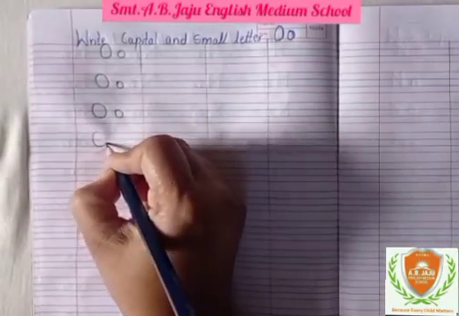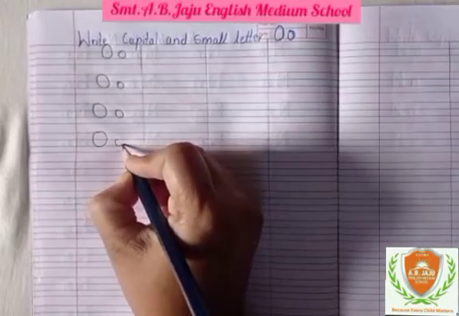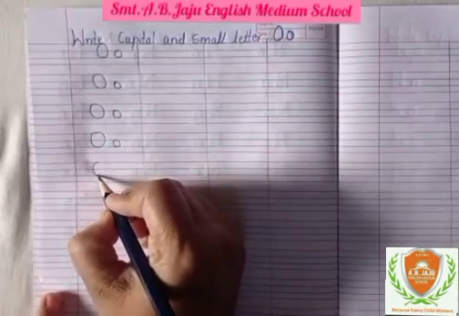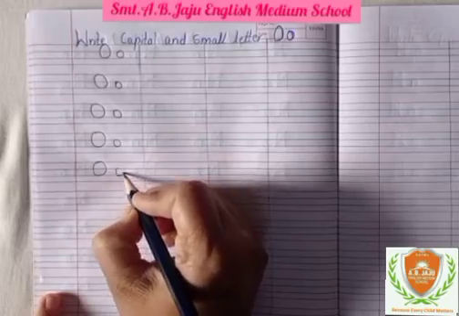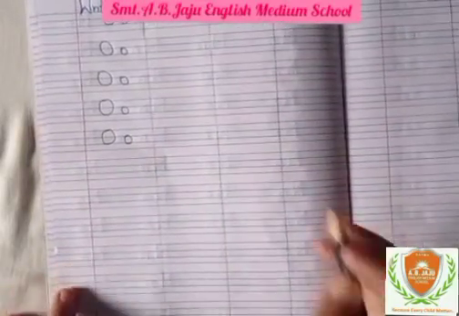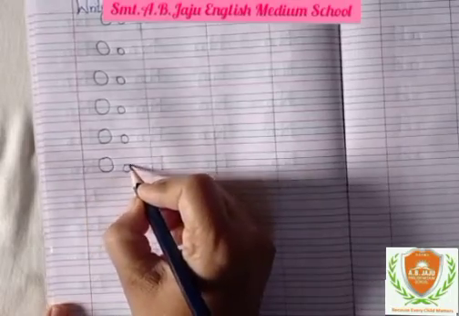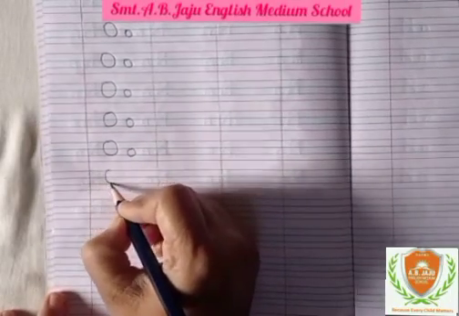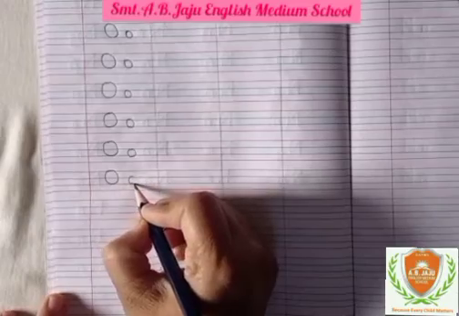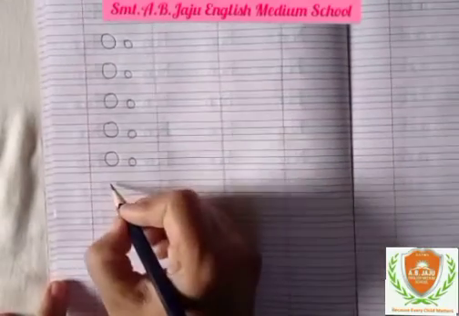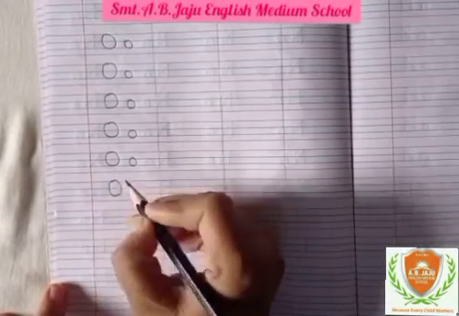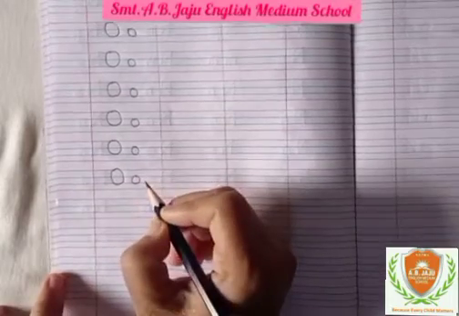Write down very properly. Draw a circle. Okay, so this is capital O and this is small o. Sound of O is O. O, orange. O, ostrich. Ostrich is a white bird.